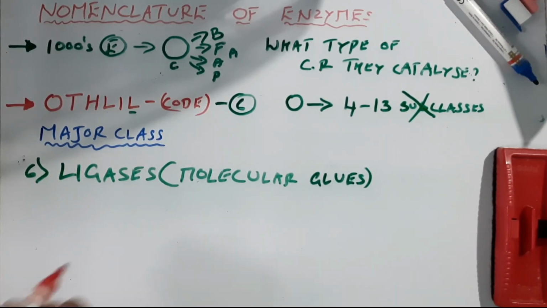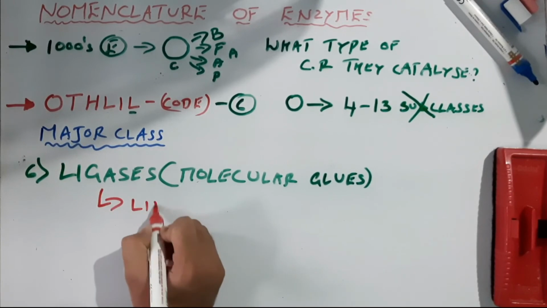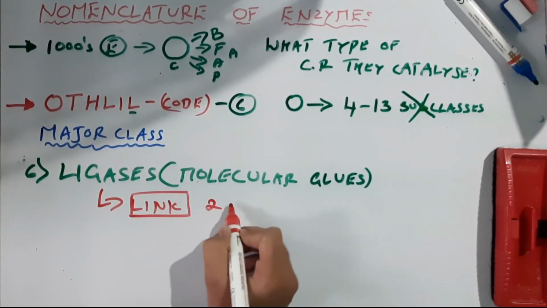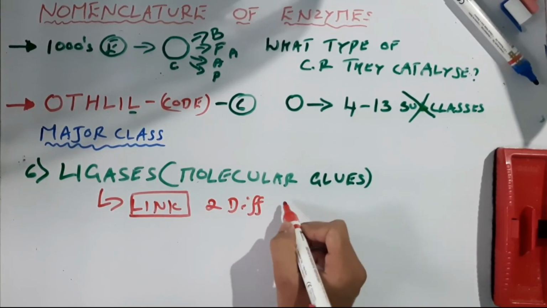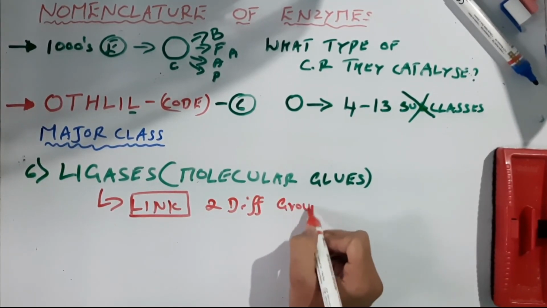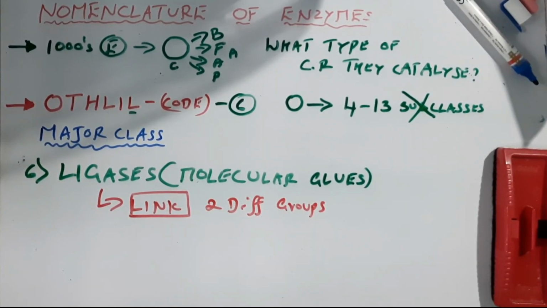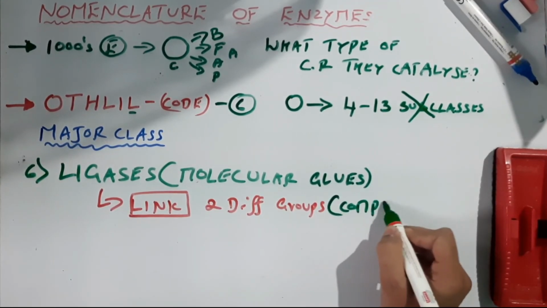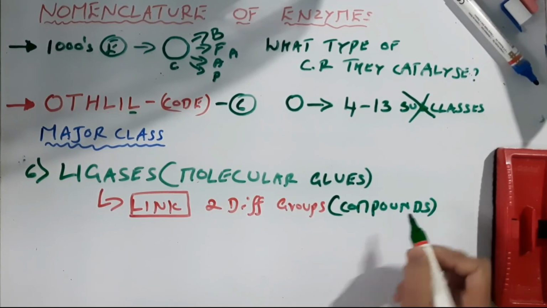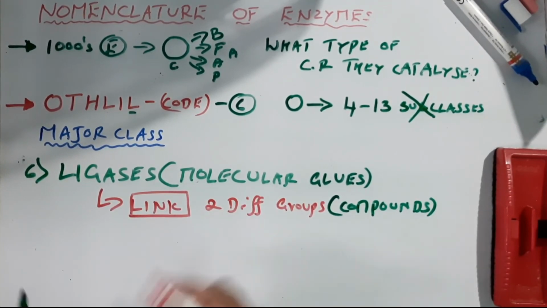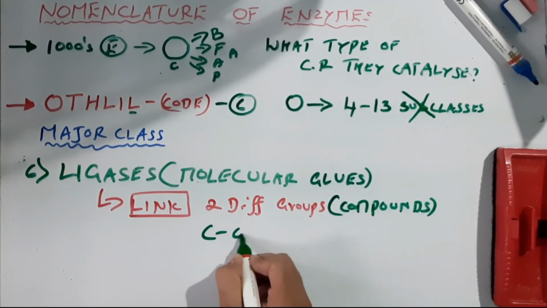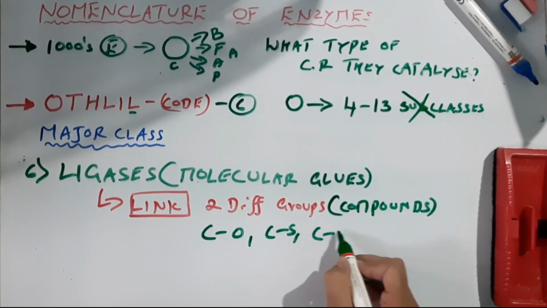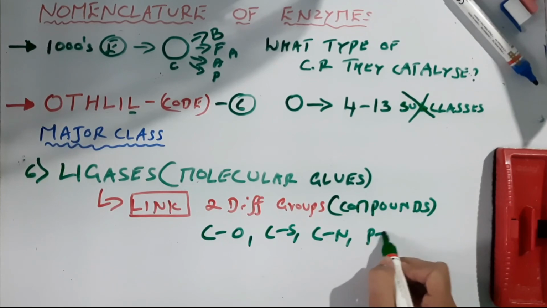So the function, let me just write here. They are going to bring about linkage, that is they link the two different groups or compounds. So the compounds could be ones having C-O bonds, or even C-S bonds, or even C-N bonds, or even P-O bonds.